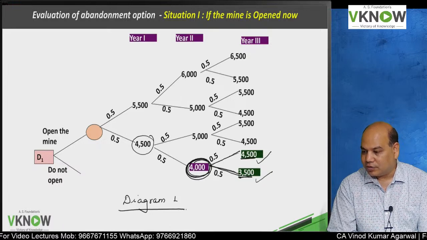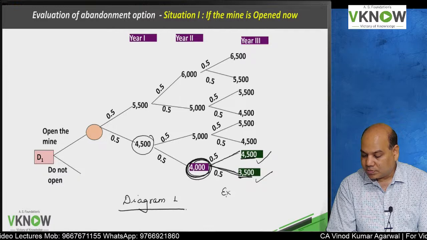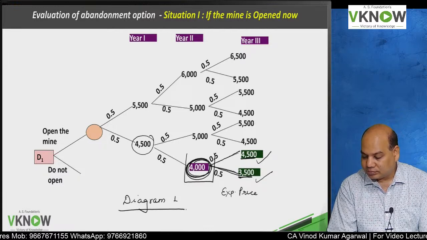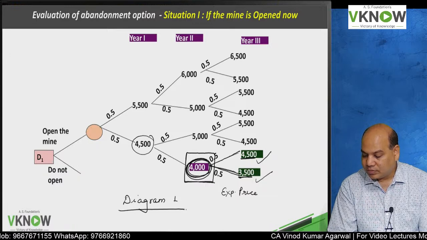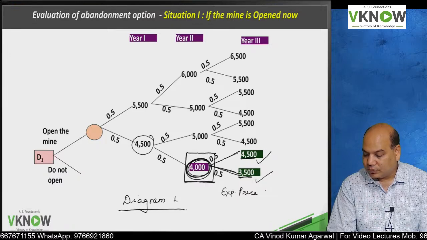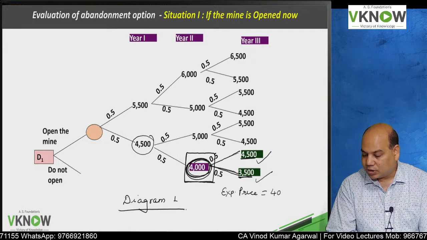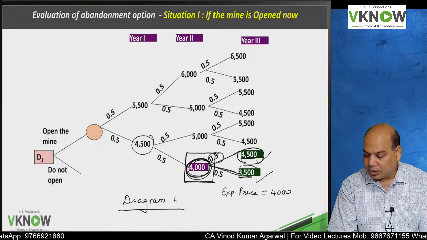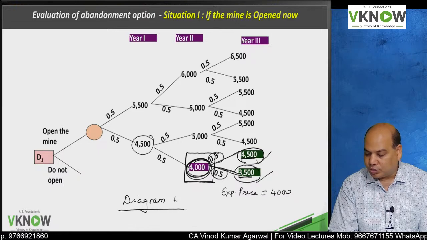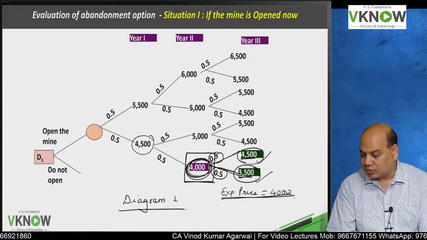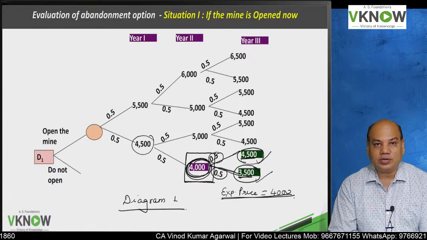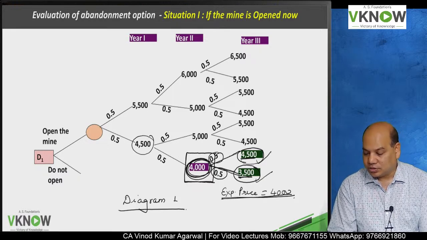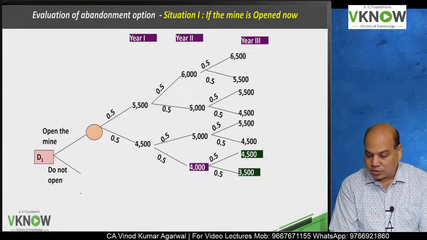I have highlighted it for understanding, which means if you have reached here, the expected price for the next year will be 4,000 rupees. 4,500 into 0.5, 3,500 into 0.5, so the expected price is 4,000, which is lower than the extraction cost.